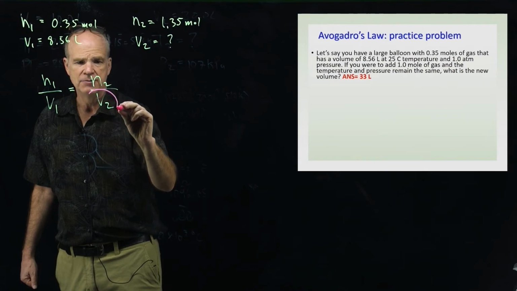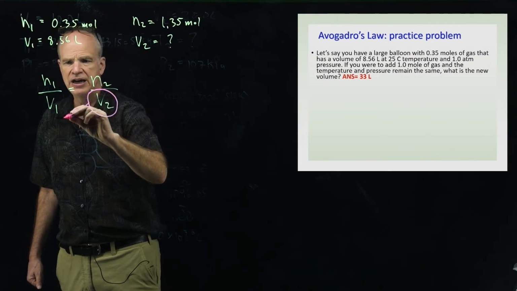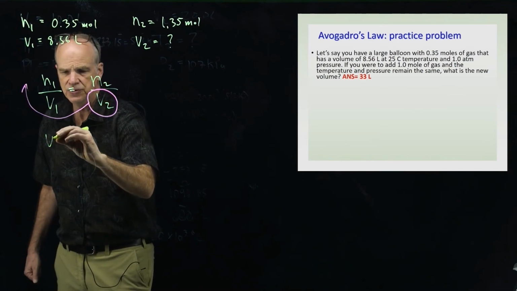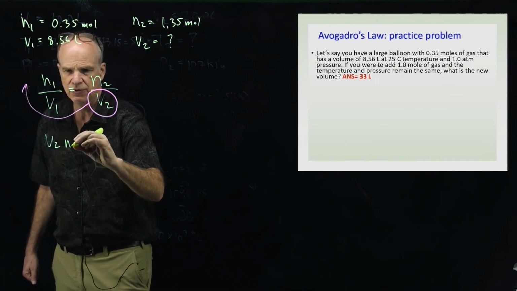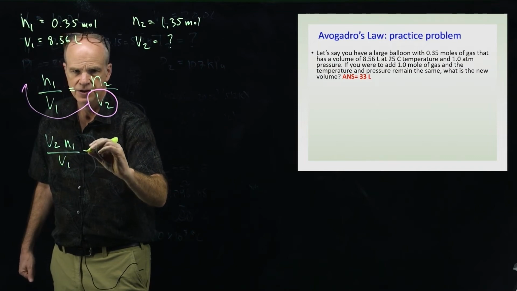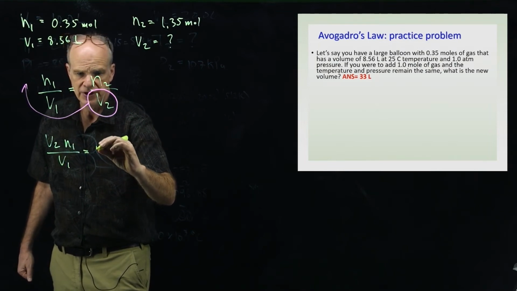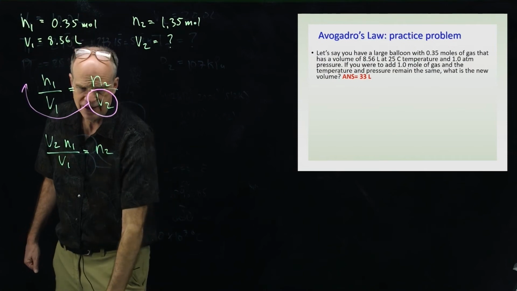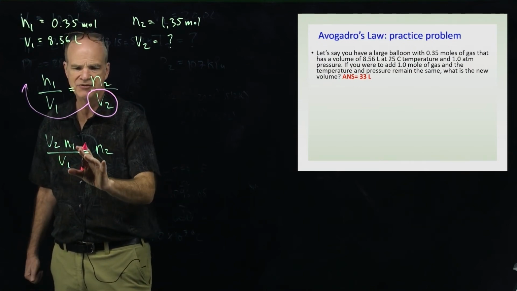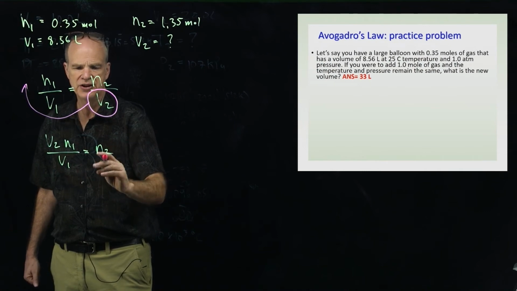To do that, I'm going to move V2 to the other side of the equal sign here. And so I have N1 over V1 is equal to N2 over V2. And so I need to get V2 by itself. And so to do that, I have to move N1 and V1 to the other side of the equal sign.